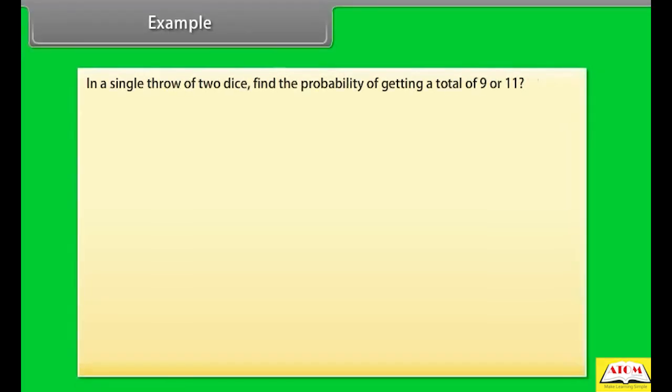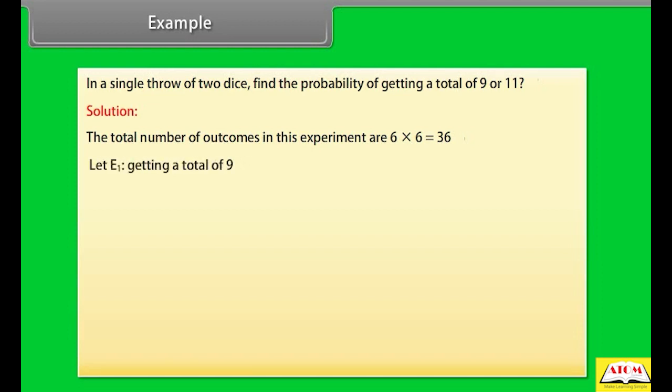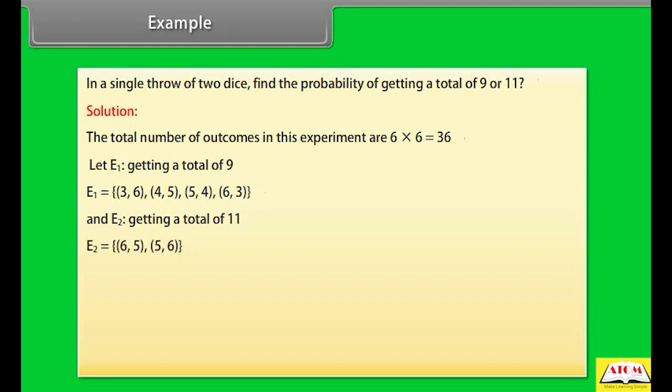In a single throw of 2 dice, find the probability of getting a total of 9 or 11. Solution. The total number of outcomes in this experiment is 6 into 6 = 36. Let E1 be getting a total of 9: E1 = {(3,6), (4,5), (5,4), (6,3)}, and E2 getting a total of 11: E2 = {(6,5), (5,6)}.